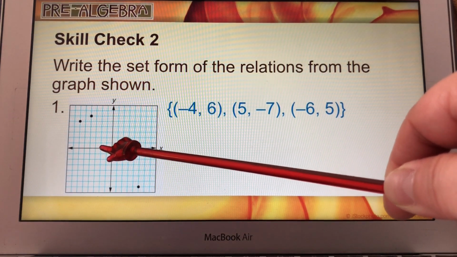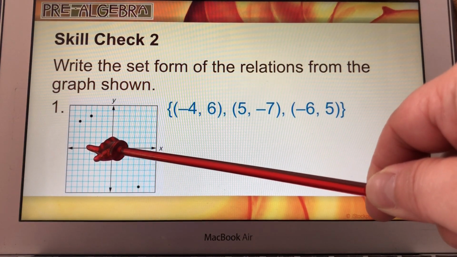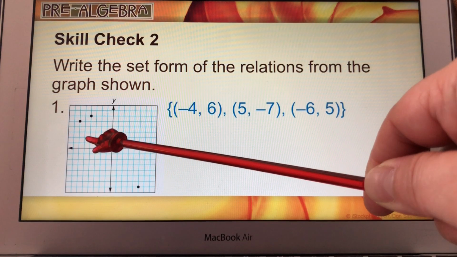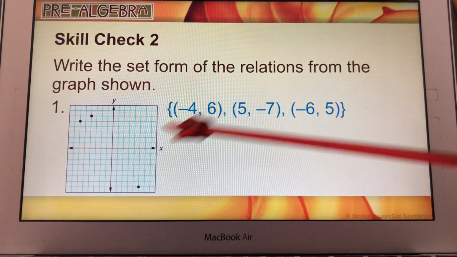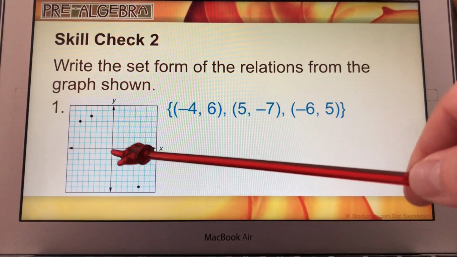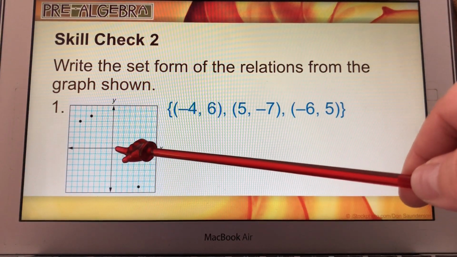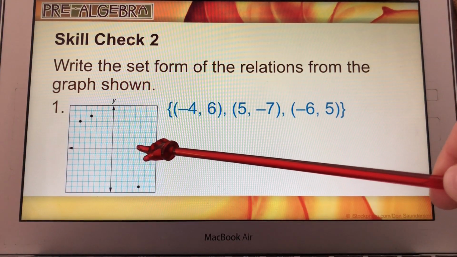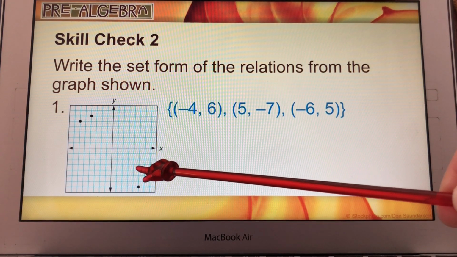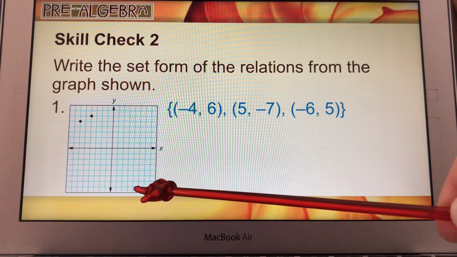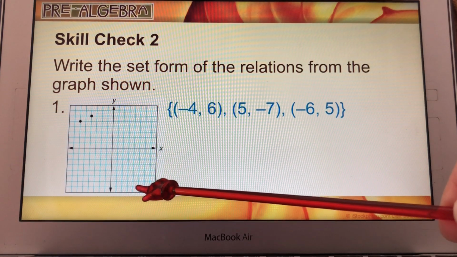Okay, so here, let's take the first one. We have 1, 2, 3, 4, -4, okay, and then 1, 2, 3, 4, 5, 6. There's -4, 6. Okay, the next one here, 1, 2, 3, 4, 5. And then we go down 1, 2, 3, 4, 5, 6, 7, -7.